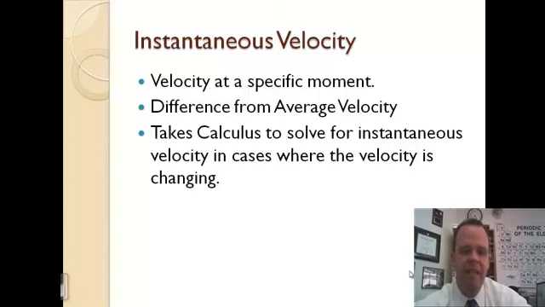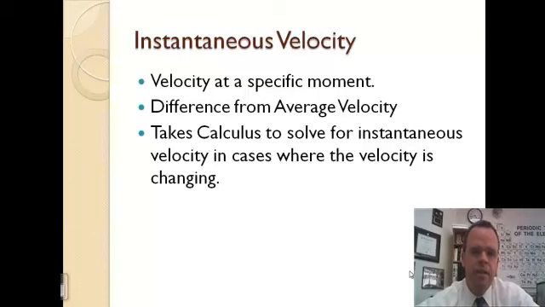Instantaneous velocity, finding that velocity in an exact moment, is much more complicated to solve for unless you have very, very specific data that's down to the thousandths of a second. You can actually solve for it, but it takes calculus using the limit function. So we're not going to use instantaneous velocity as often in this course because we do not have the math background. This is an algebra-based physics course, so we're not going to use the calculus to solve for instantaneous velocity.